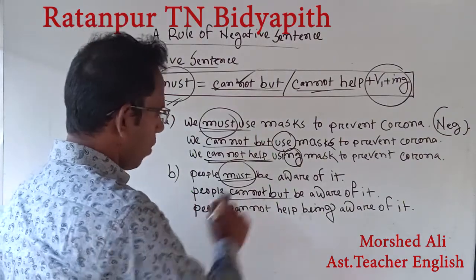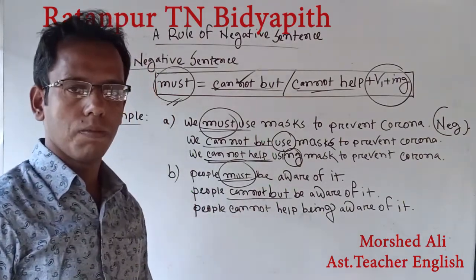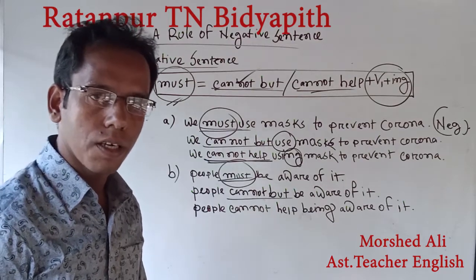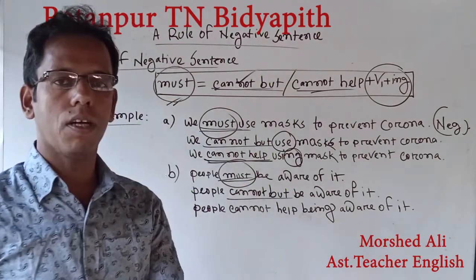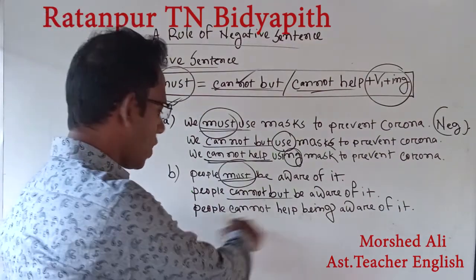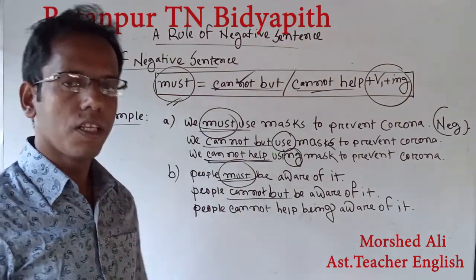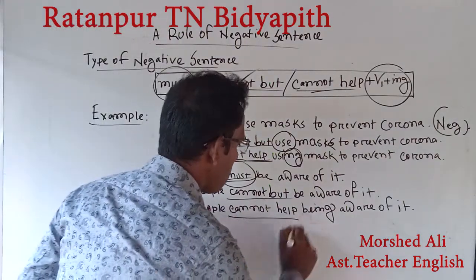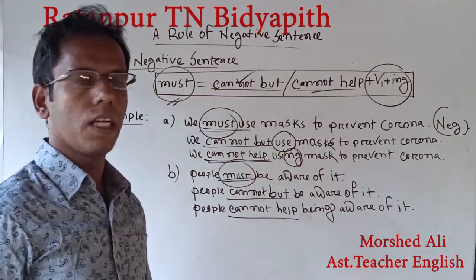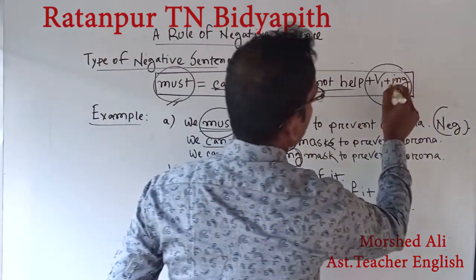That's why people cannot but be aware of it. That means instead of must, I have used here cannot but. And if we follow the second solution, it will be clear to you that people cannot help. Then we have to use V1 plus ing.